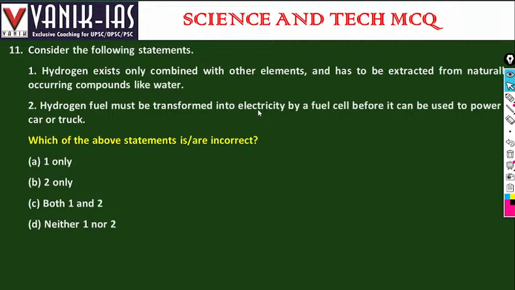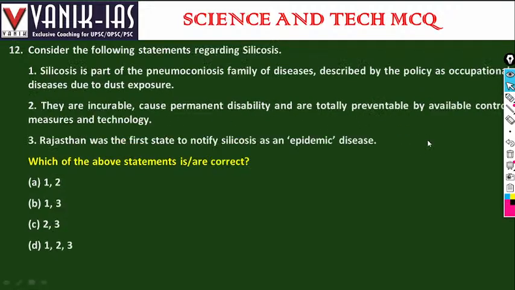Consider the following statements. Hydrogen exists only combined with other elements. It can be extracted from naturally occurring compounds like water. Hydrogen fuel must be transferred into electricity by a fuel cell before it can be used as power for a truck or car. What is true regarding hydrogen fuel?